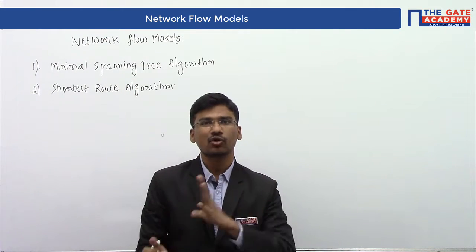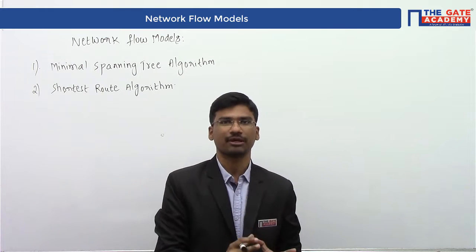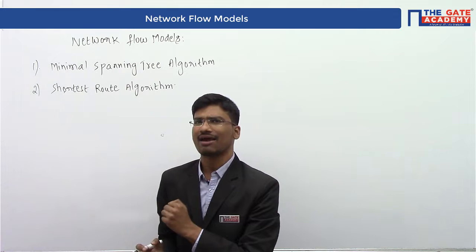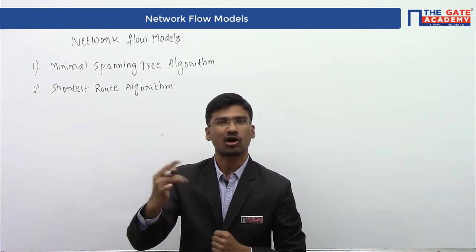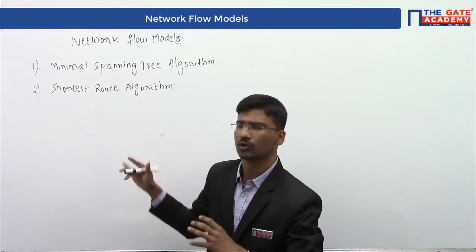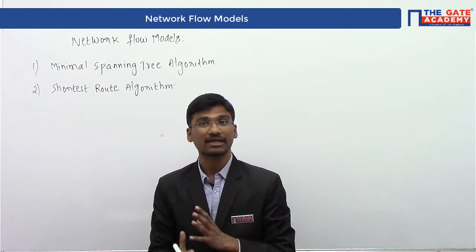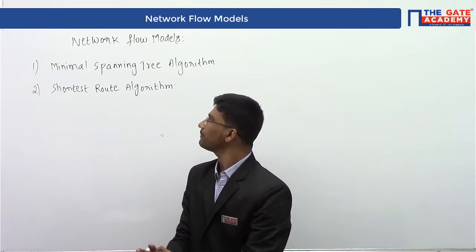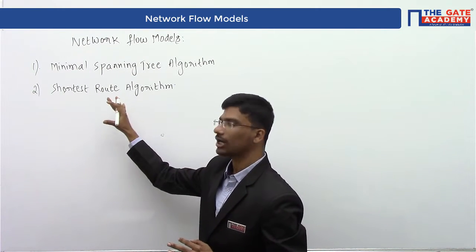Please don't confuse these models with PERT and CPM. This is my first request. These models have different applications and different procedures also. First we'll start with the minimal spanning tree algorithm. We will see its practical application, maybe in industries or other sectors, and then we'll go to the shortest route algorithm.